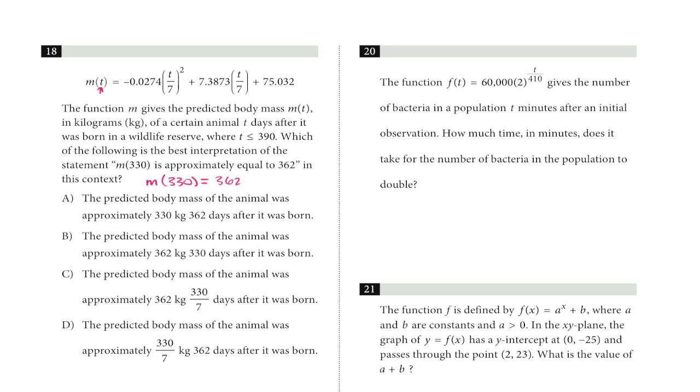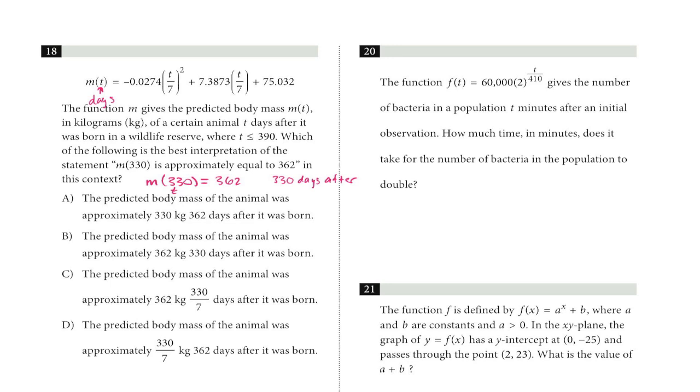You can see up here we have this t. And they told us that t is the number of days after the animal was born. So here our t is 330. So that means we're talking about 330 days after it was born.